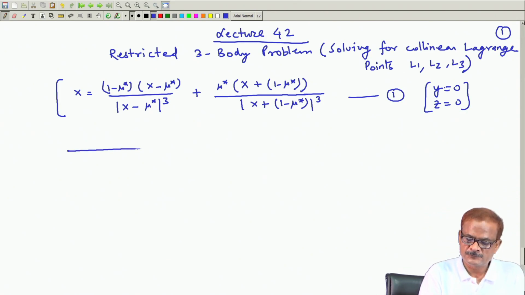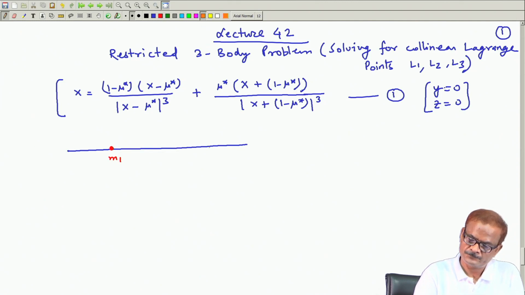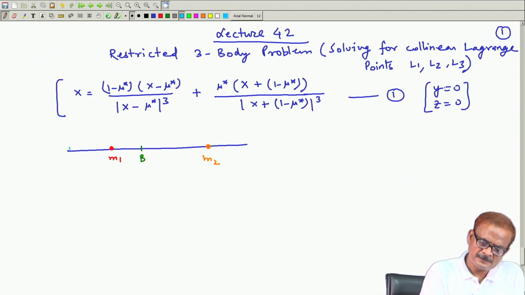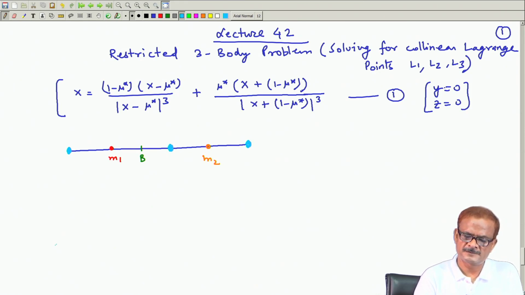So, while solving for Lagrange points, what we realize is that if we have mass m 1 here and mass m 2 here, and the barycenter obviously lies in this place, then m can lie either here, or somewhere intermediate to these two masses, or here in this place.